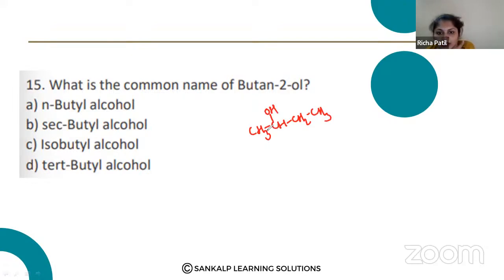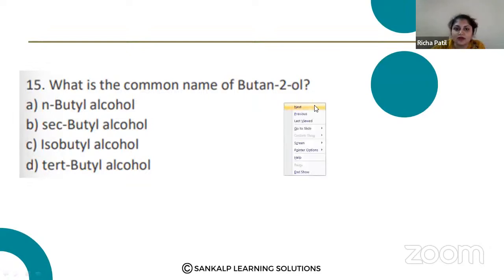The carbon is attached to two other carbons, then it is said to be what type of carbon? Yes, Nandish, it is secondary butyl alcohol. Pavitra, it is correct. We'll move to the next question.